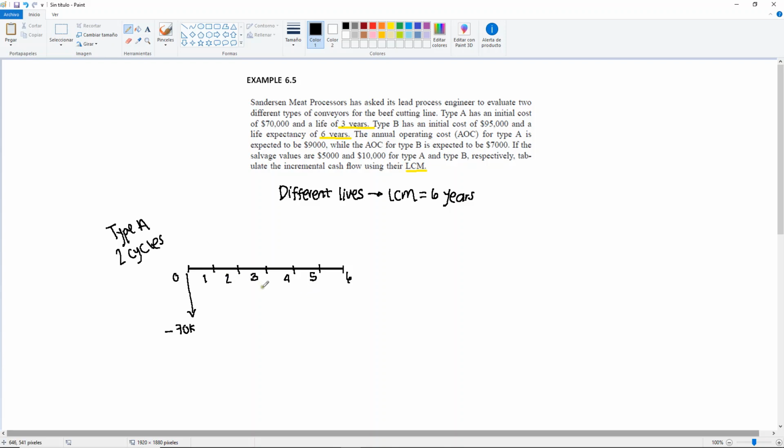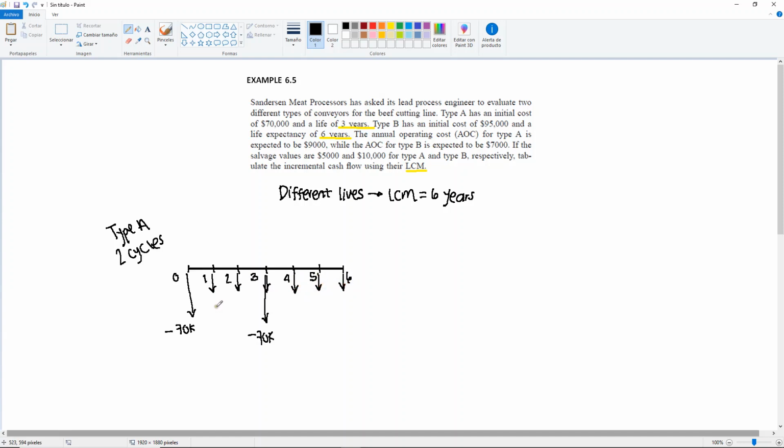So that means that we're going to have another 70,000 over here. Then the annual operating cost for A is expected to be $9,000. So I'm going to have arrows starting in year 1, going down every year.